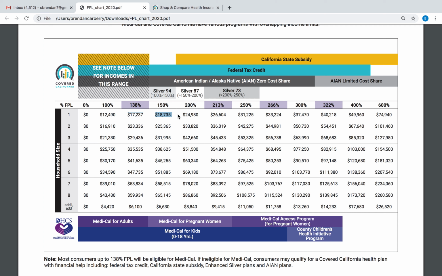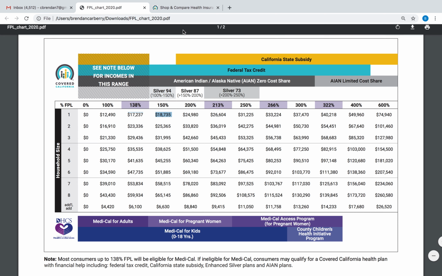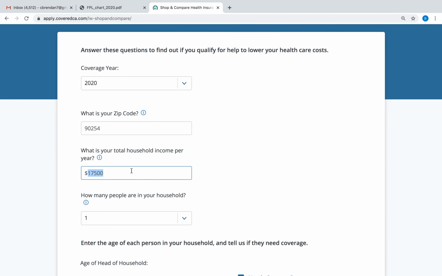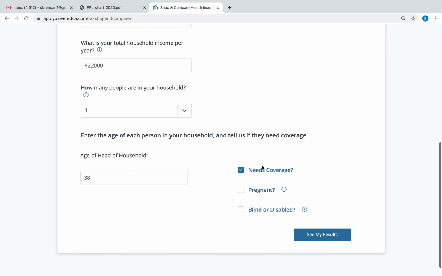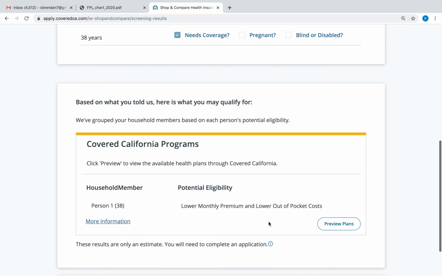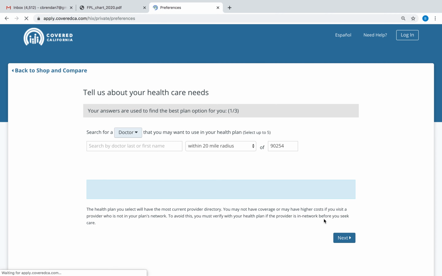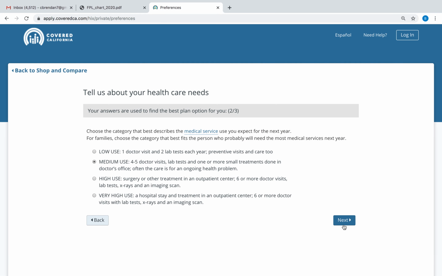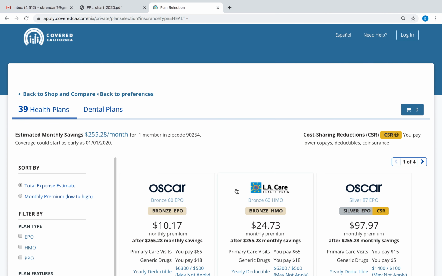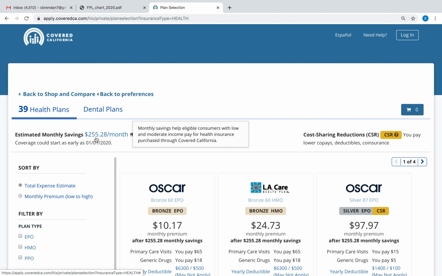So let's just use, how about 22,000? Okay, here we go. As you can see, the subsidy went from 301 down to 255.